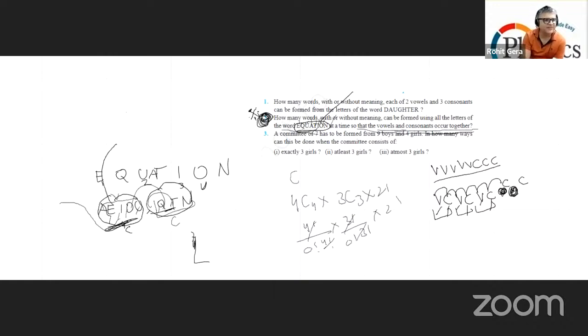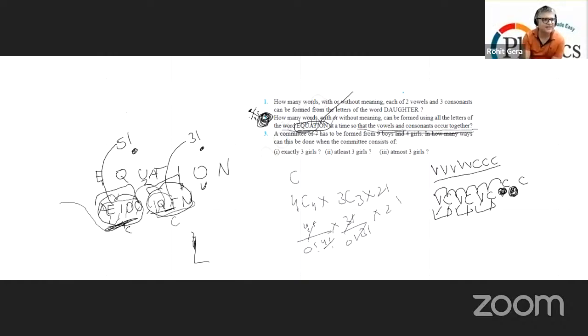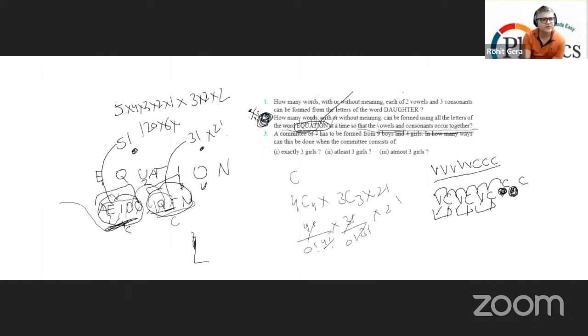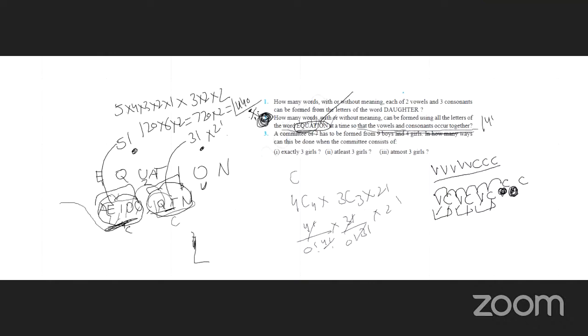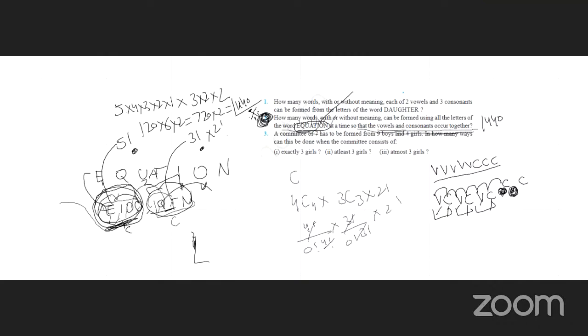I can write this as 5 factorial, this as 3 factorial, and since there is no repetition I'm not dividing, and then I can write 2 factorial also. So how much is this? 5 into 4 into 3 into 2 is 120, 120 into 3 into 2 into 2, 120 into 6 into 2, 720 into 2 is 1440. Okay, this is the answer, 1440. That's what I was thinking. I think occurrence together, but we did not arrange it. I think then we should have arranged this. The third one is done.